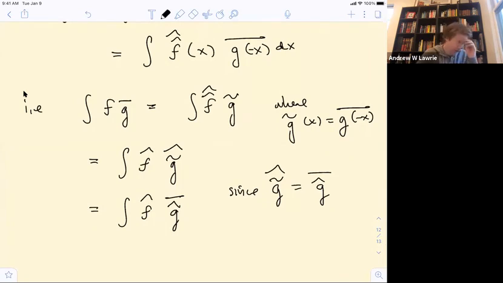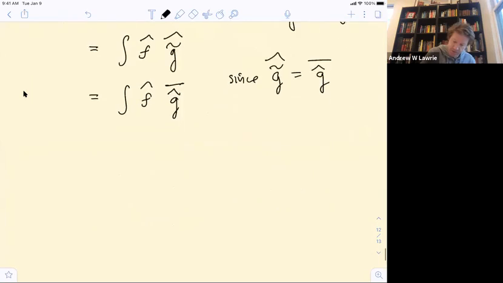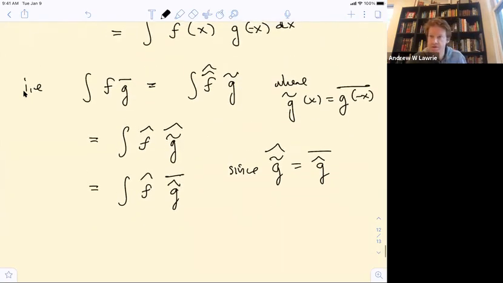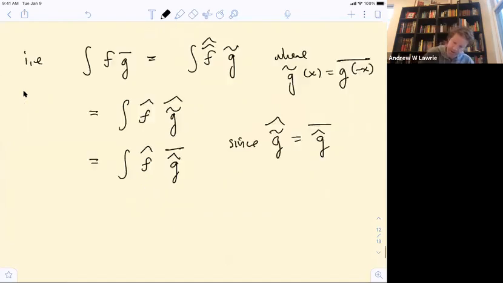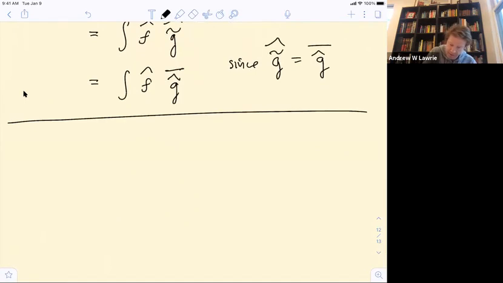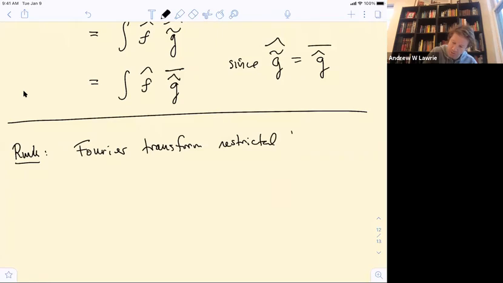Okay. So, any questions about this? This is really a corollary of the inversion formula. The remark is that the Fourier transform restricted to Schwartz functions is an isometry in L2 norm.